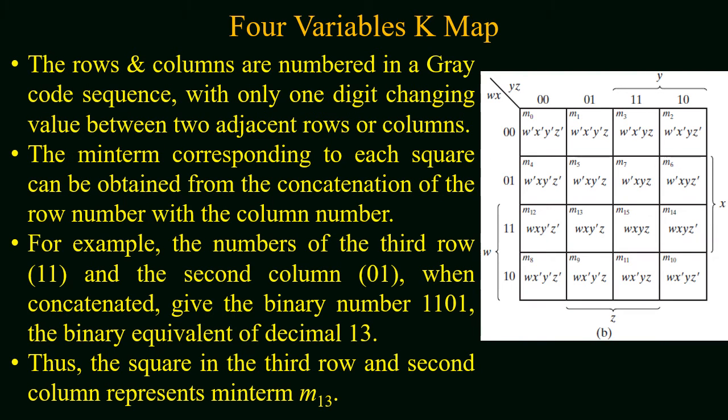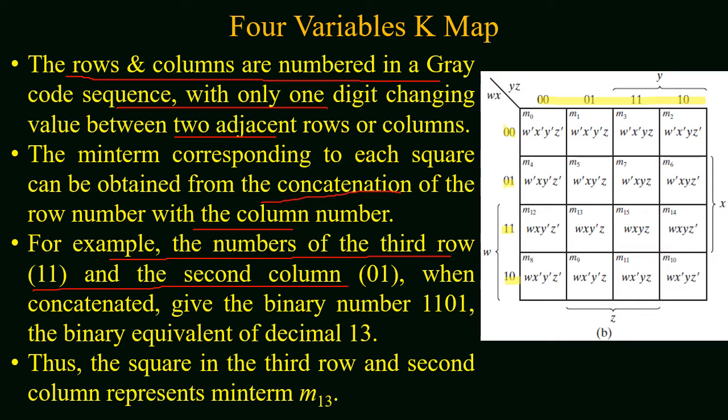The rows and columns are numbered in the gray code sequence because in this sequence only one digit changes between two adjacent rows or columns. The minterm corresponding to each square can be obtained from the concatenation of the row number with the column number. For example, the number of the third row is 11 and the second column is 01.